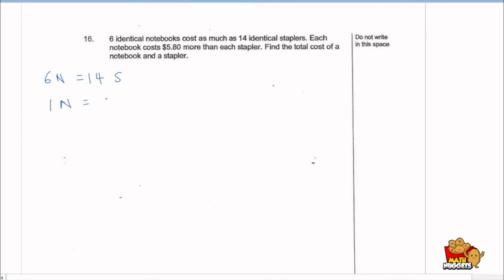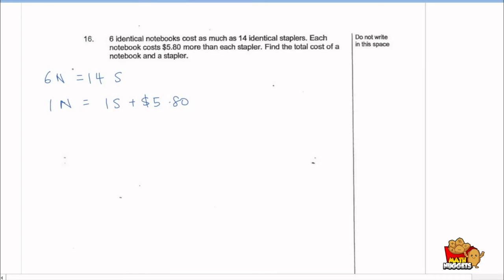So one notebook will be equals to one stapler plus $5.80. Since the notebook costs more, the stapler needs to plus $5.80 for it to be the same cost as the notebook. So we want to find the total cost of a notebook and a stapler. So we've got to find both.